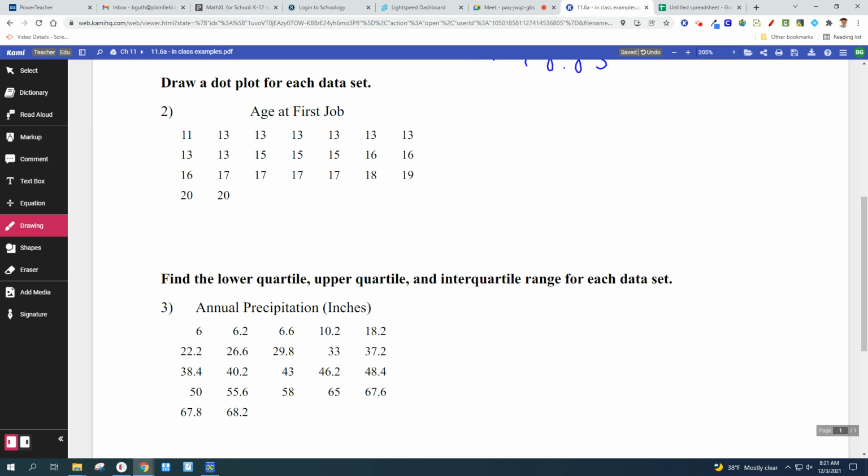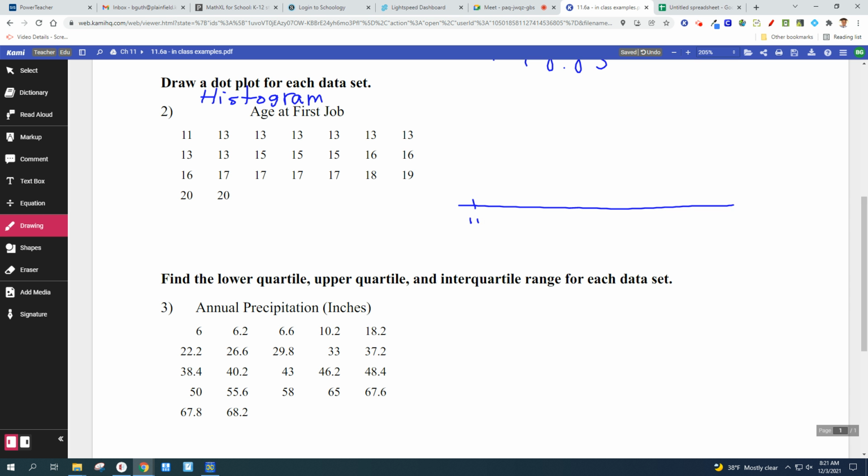Number two, draw a dot plot. Another name for that is histogram. So we don't need the spreadsheet anymore for this histogram. What we're going to do on a histogram is start with basically a line graph. And you look at the numbers, and the numbers go from 11 up to 20. And so you don't necessarily have to do all of the marks, but I probably would.